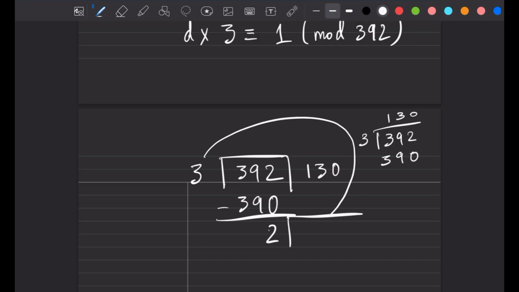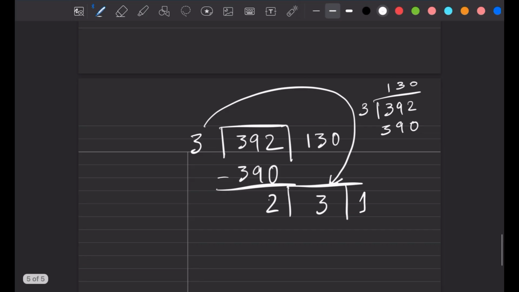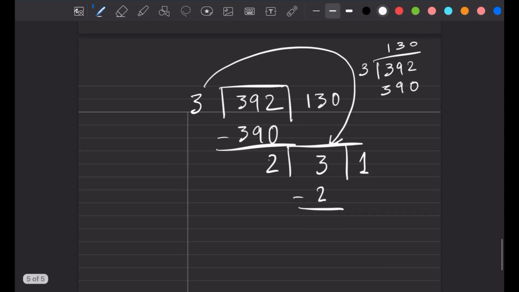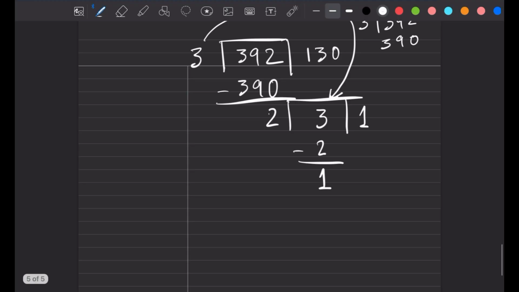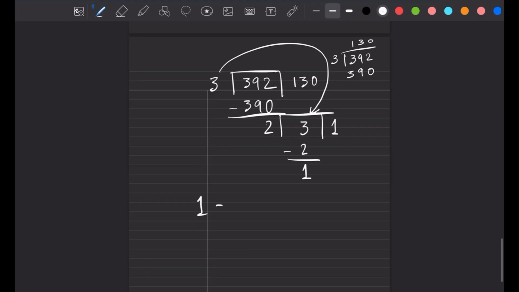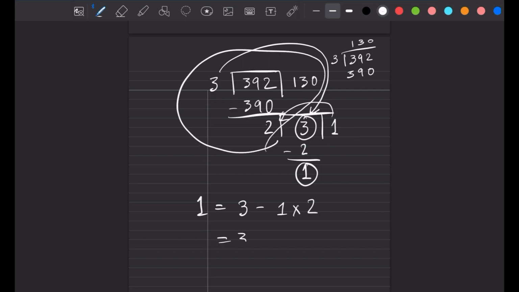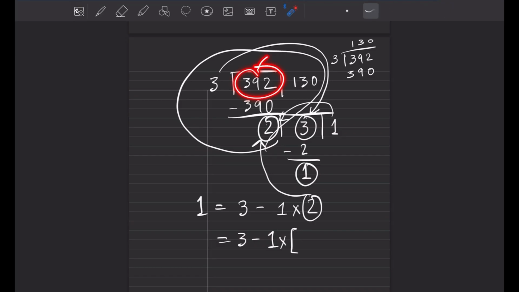Now in a Euclidean algorithm, you make the previous divisor the dividend and continue the process. So 2 into 1 gives you 2 and then gives you the remainder 1. Okay. Now using the division algorithm, I know that this 1 can be written as 3 minus 1 into 2. Again, using the division algorithm, I can write this 2 as 392 minus 130 multiplied by 3.